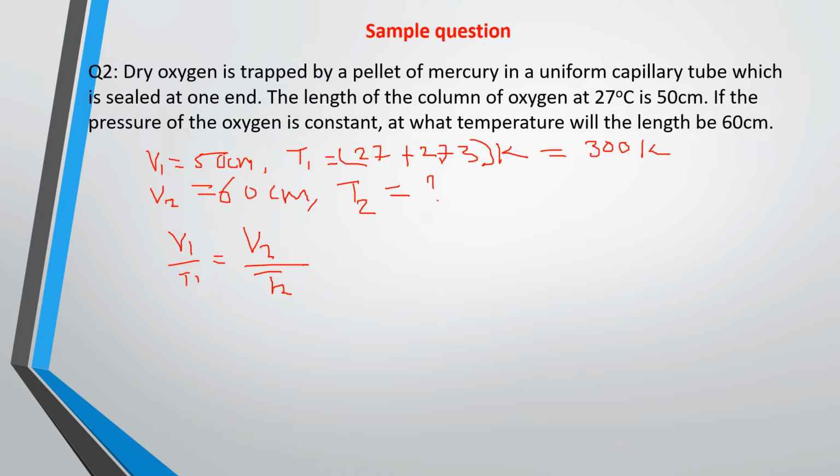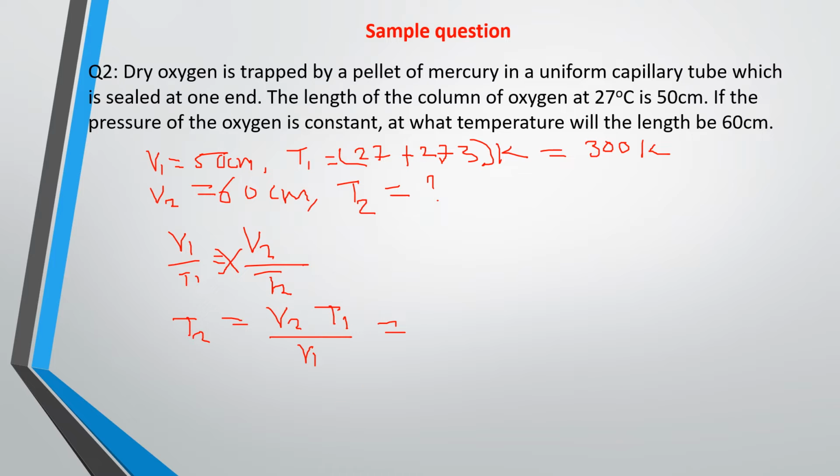You are looking for T2, so you make T2 your subject of formula by cross multiplying. So you have that T2 is equal to V2 times T1 all over V1.